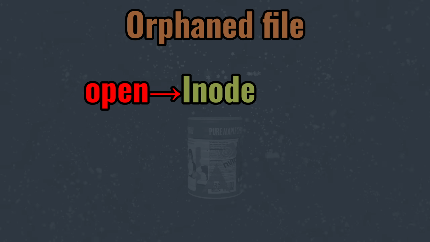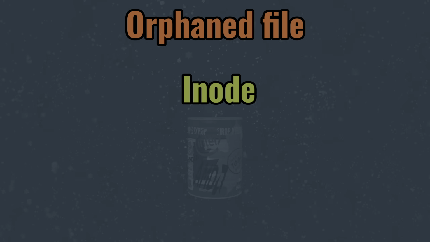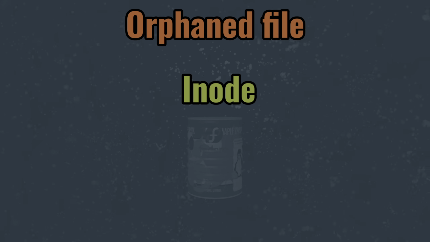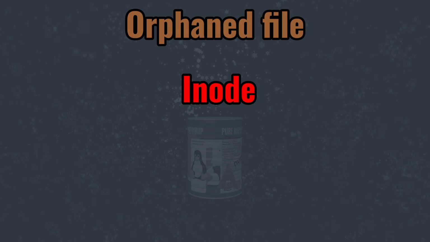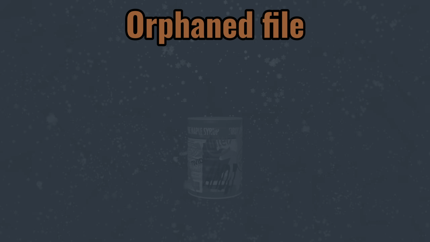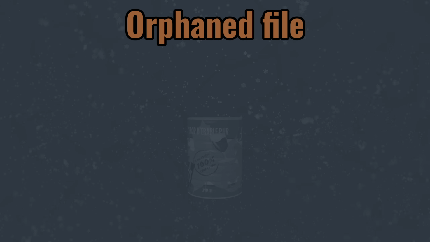But if you crash, you would just get an inode inside of your file system that could never be freed. Now a journal solves this because you can actually write inside of the journal, hey, please delete the inode, and if ever you were to crash, it would delete the inode when you mount the file system back up. That way it reduces the amount of problems that you can get because of crashing.